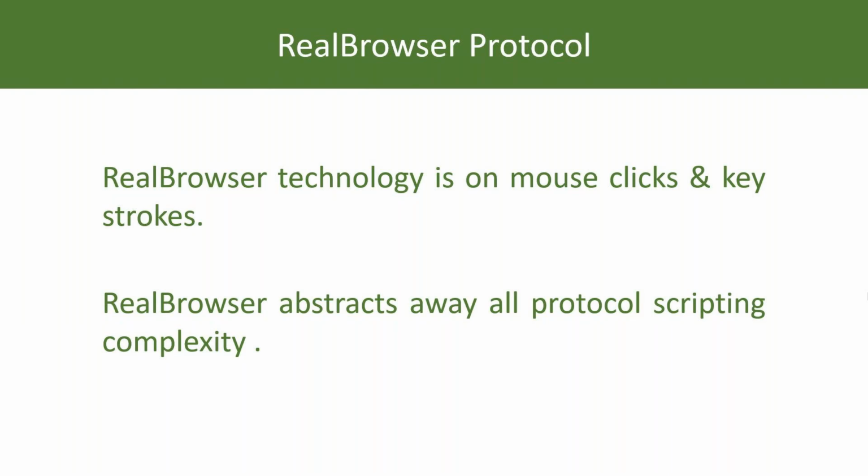Of course, most of the challenges are usually associated with handling the dynamic values returned from the server. Real browser will not get into any of these challenges because it is based on how a real user or a browser navigates the elements that it sees in the web page.